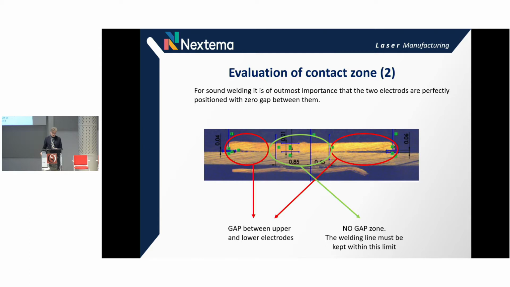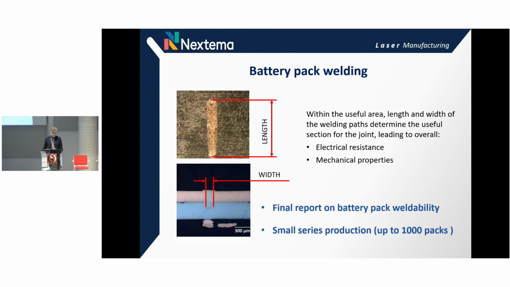And this is a section of the previous one, and you see that even along the width, you may have gap or no-gap conditions. And so you must check very carefully where you have the good contact, and in that area you're going to apply the process that you have studied before.